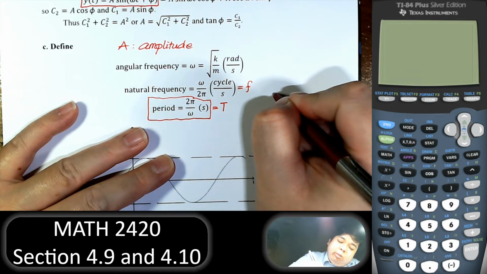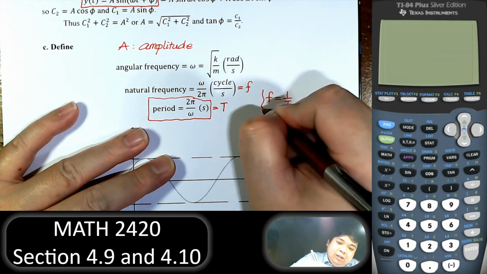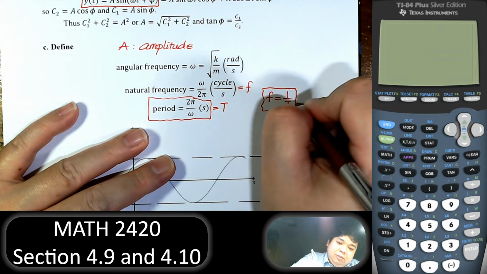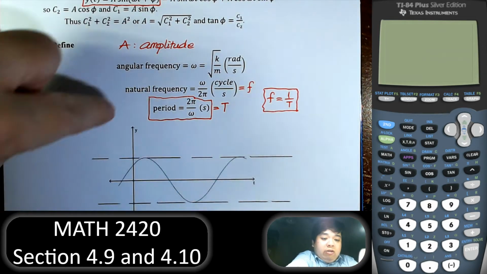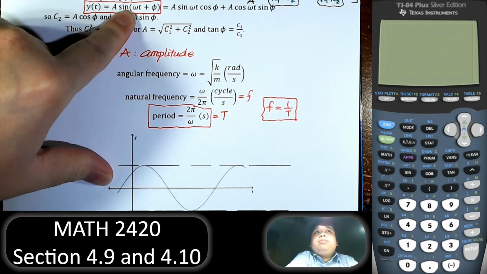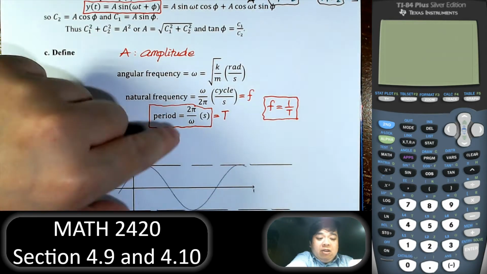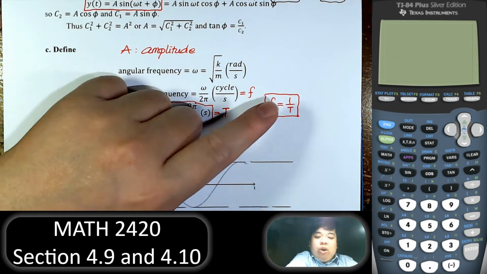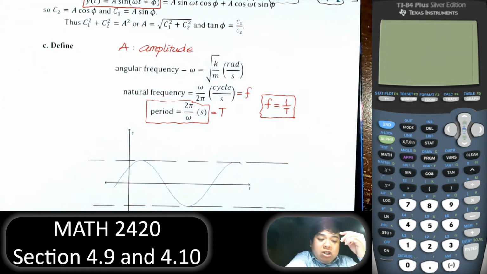So frequency is equal to 1 over T. So the period by default is 2 pi. If we have a coefficient of t or coefficient of x, 2 pi divided by that gives us the period. Flip it, we have the frequency. So period and frequency are reciprocals of each other.